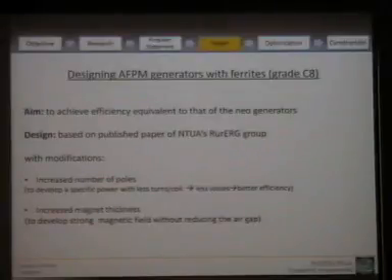Our design was based on an existing design of the Rurid group for neo generators, and the main modification that we did was to increase the number of poles in order to develop a specific power with fewer turns, which would result in less losses and a better efficiency. And we also used thicker magnets to develop strong magnetic fields without reducing the air gap more.